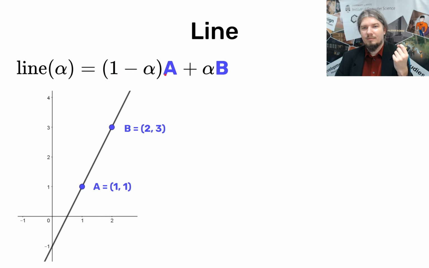You get 1 A plus 0 B, so you're at A. If you put 1 in, then you get 0 A plus 1 B, you're at B. And let's say you put in 0.5, then you're 0.5 times A plus 0.5 times B, and you end up in the middle of those 2 points. And you can put in all sorts of different values here and get the whole line that way. Now why this is useful is because this allows you to define any line and generate points on that line.